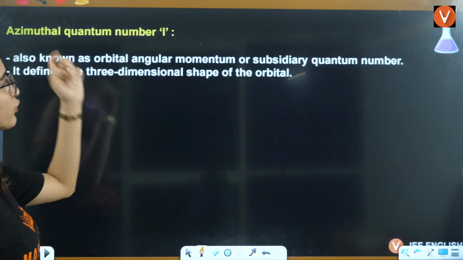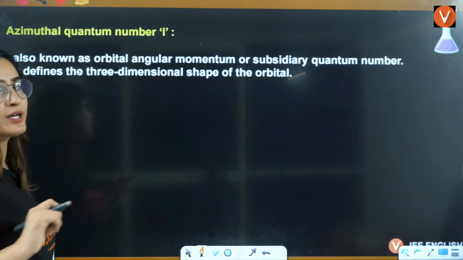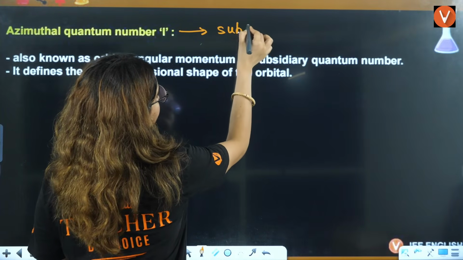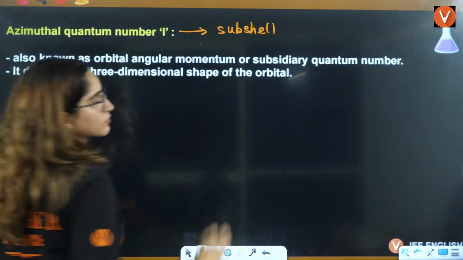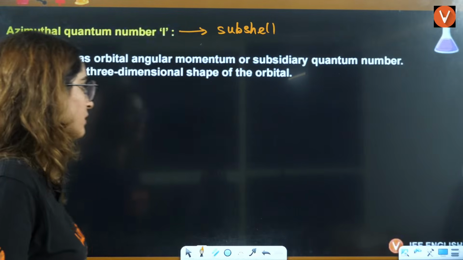Now just remember, the azimuthal quantum number is actually telling you the subshell. In one shell, how many subshells will you have?